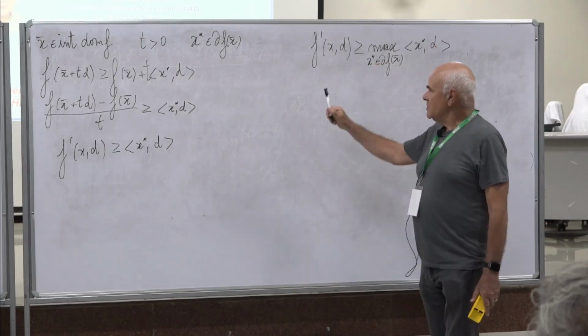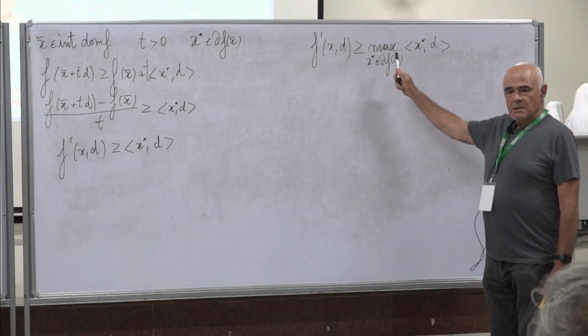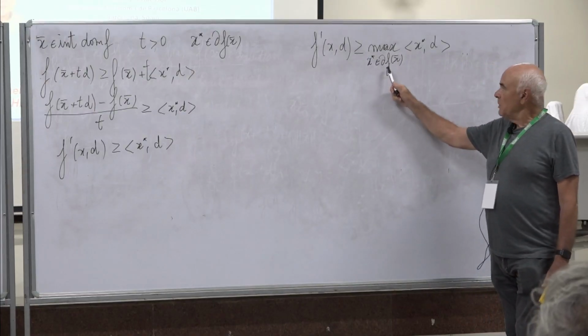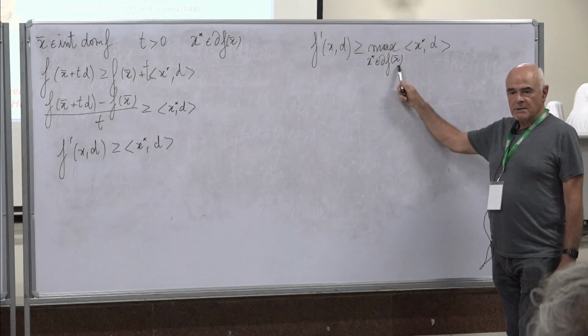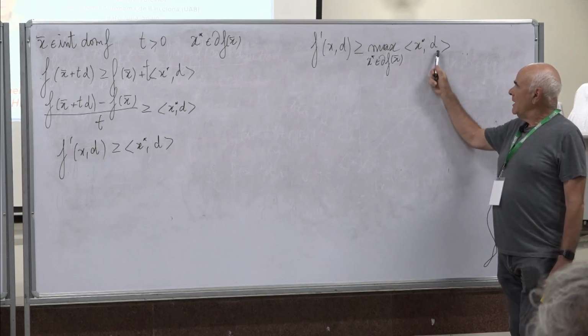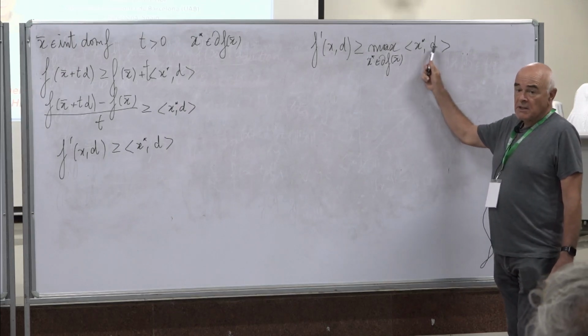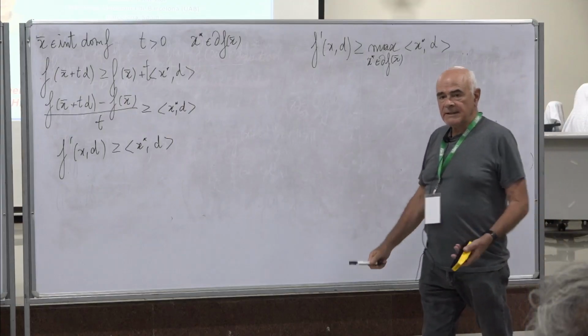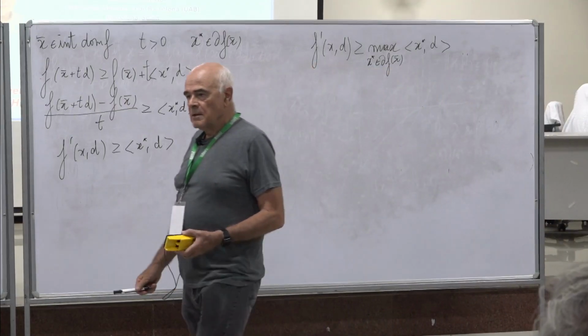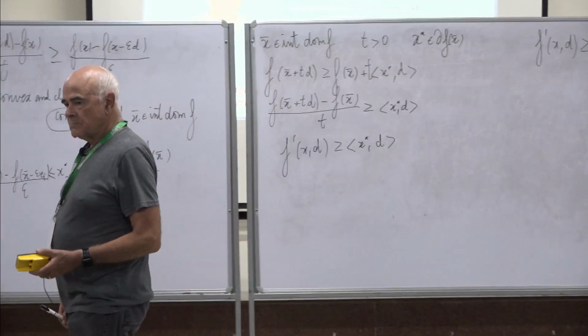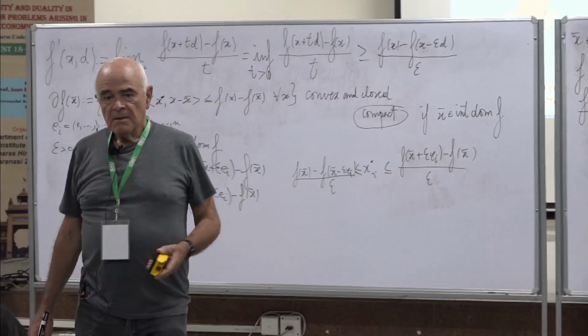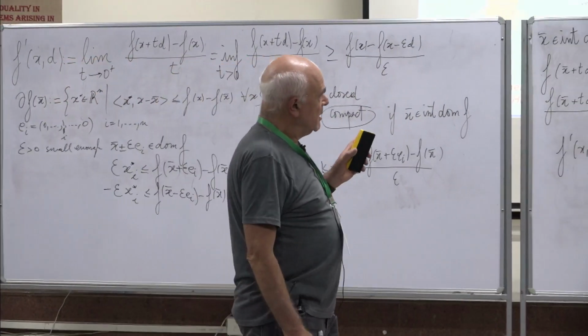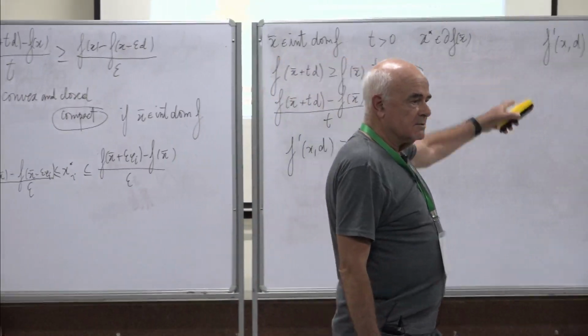I have the right to put maximum here because we already know that this is a compact set. So a linear function, this is linear as a function of x star, attains a maximum at this compact set. Okay? But I'm going to prove that the equality holds.